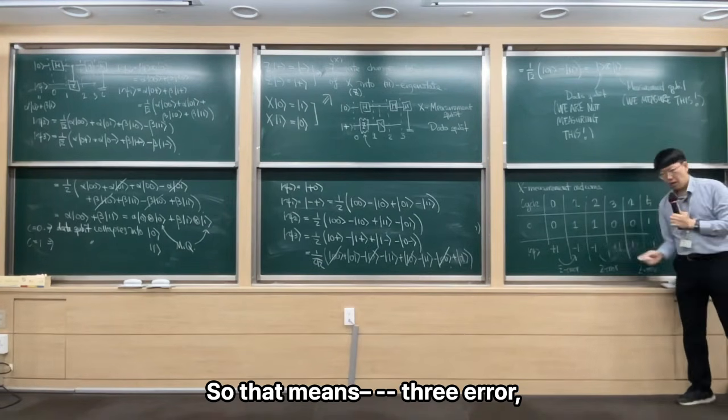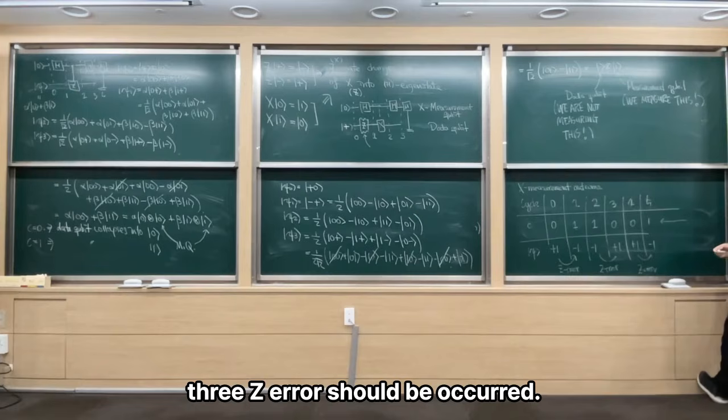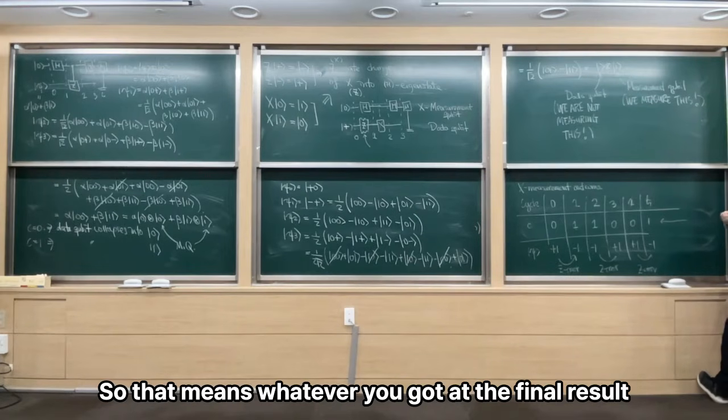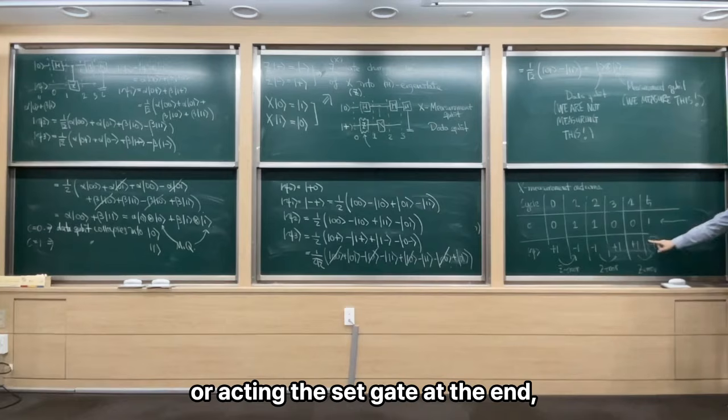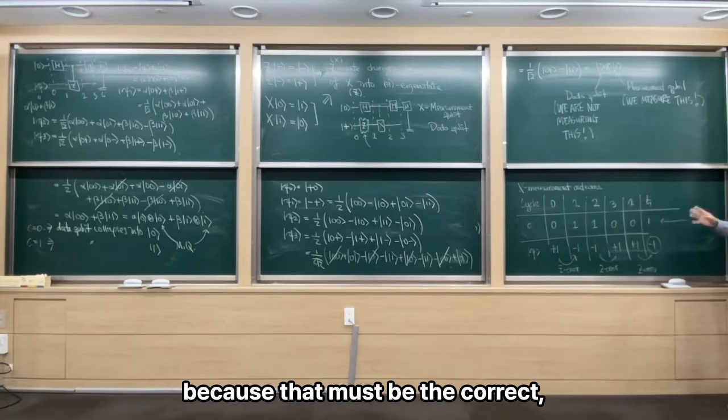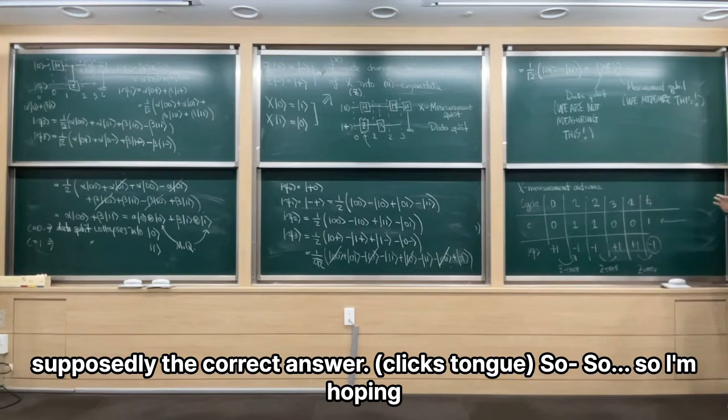That means 3 Z errors should have occurred. So whatever you got as the final result has to be modified by acting the Z gate at the end, because that must be the correct answer.